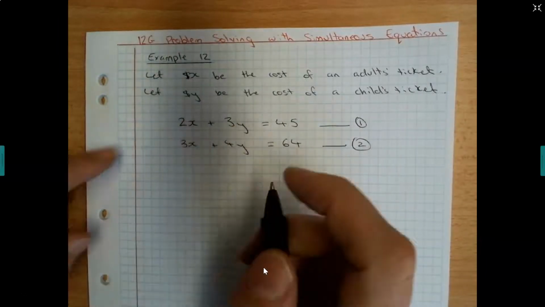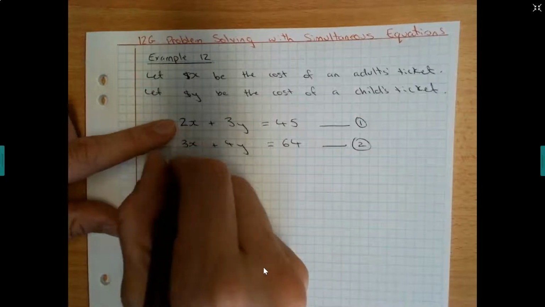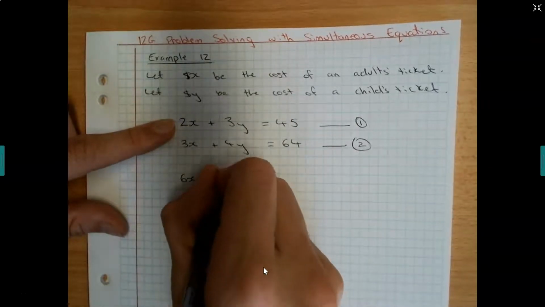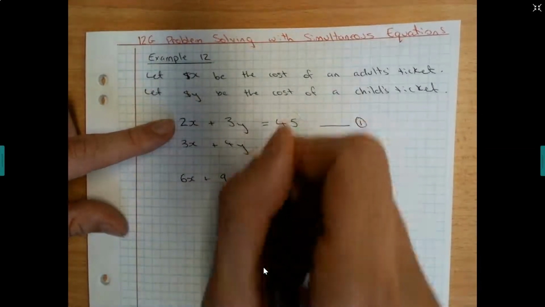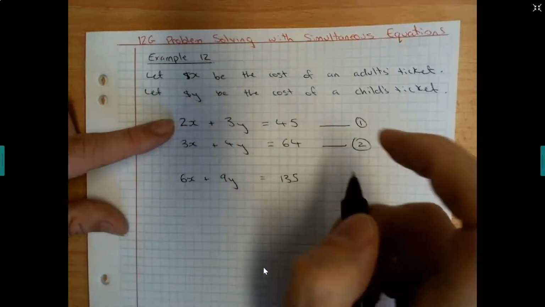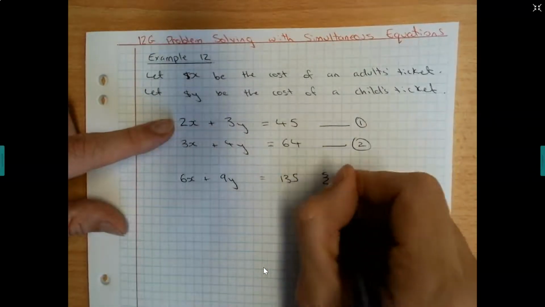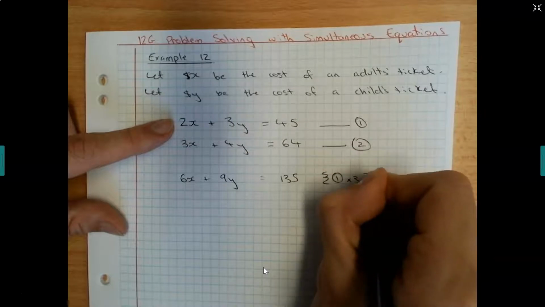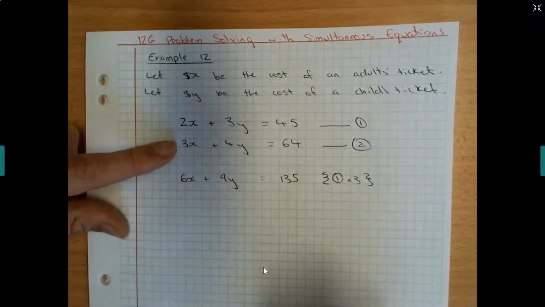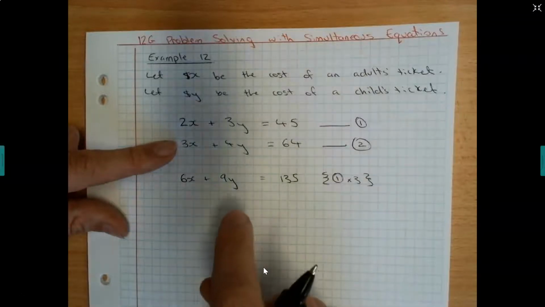So this is going to be 6x. So 2 times 3 is 6, so 6x plus 3 times 3 is 9, so 9y is equal to 45 times 3, which is 135. So I've multiplied everything in the first equation by 3. Then the second equation, I have to multiply everything by negative 2.